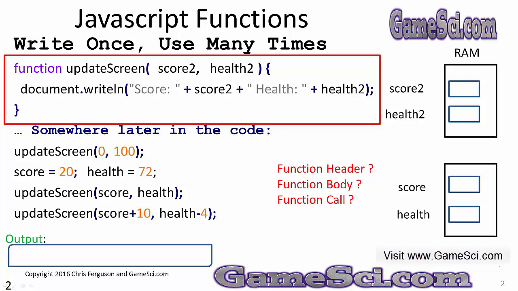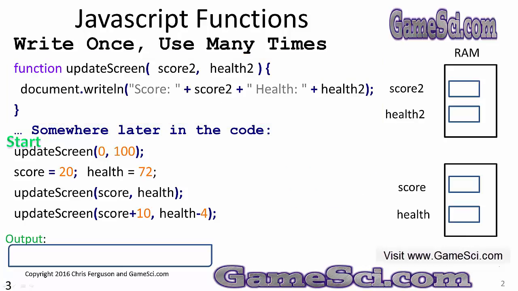The header and the body are in the red box, but the function call is somewhere later in the code where we execute updateScreen. So the function calls are down here. There's a function call, there's a function call, there's a function call. Here's the function header, here's the function body, and there's a function call.